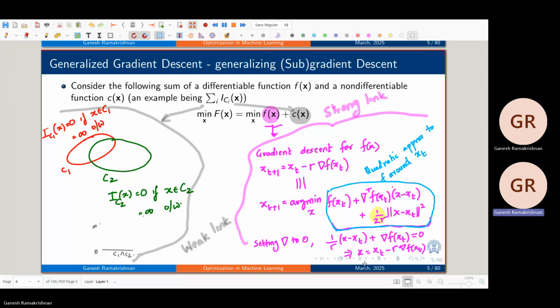Intuition is, if I had a constraint like this, and my iterate xt plus 1 was here. This was my C. My intuition says that I should project it back.